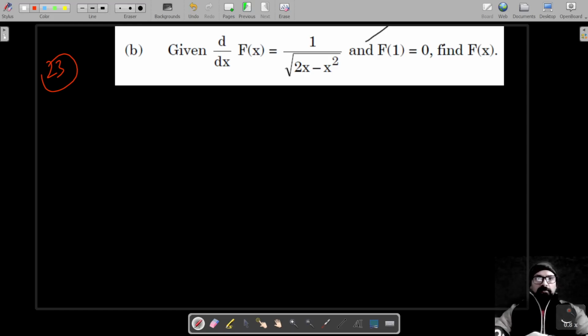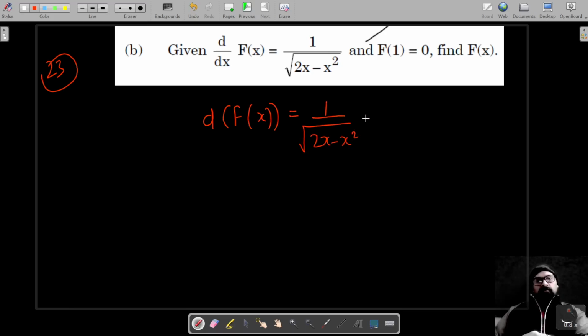So the differentiation of f of x is equal to 1 upon under root of 2x minus x squared into dx. And let's take the integration on both sides.